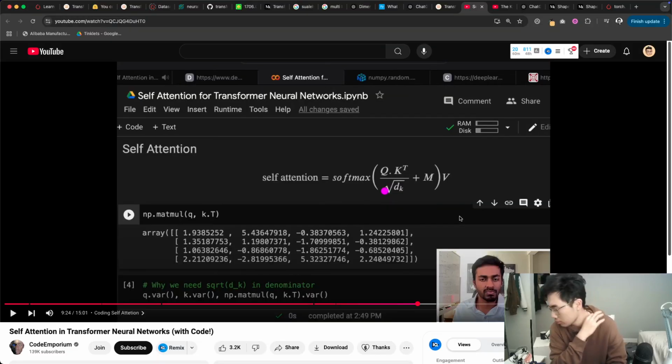Q is going to be a result of D model to dk. But actually dk is equal to D model over number of heads, because you split your embedding essentially into different chunks, and so you compute that dot product, dk times dk over your vocabulary size.